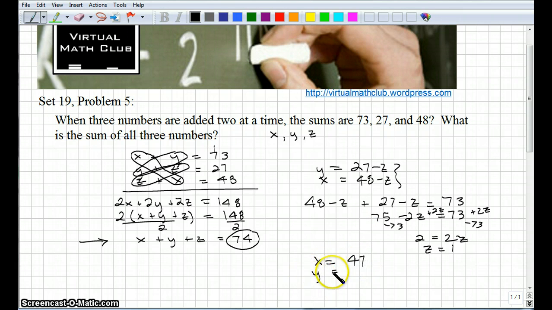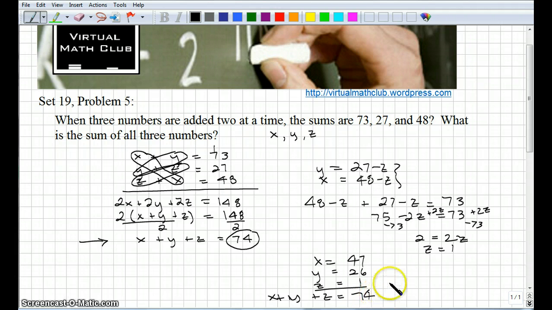And y is equal to 27 minus 1, which is 26. And then we have z equals 1. Okay, and if we add those up, x plus y plus z, it should be the same thing, right? Should get 74, which we do.